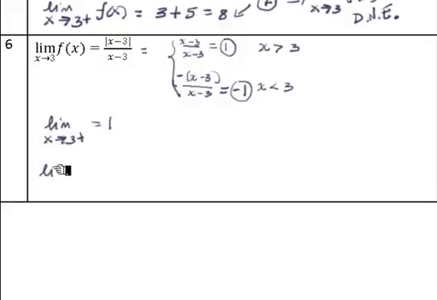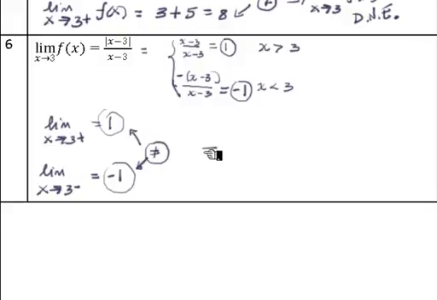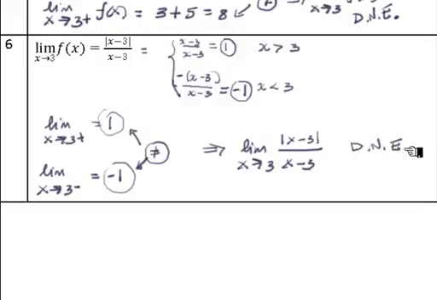And the limit as x goes to 3 from the left is minus 1. And these two are not equal. Therefore, the limit as x goes to 3 of absolute value of x minus 3 over x minus 3 does not exist.